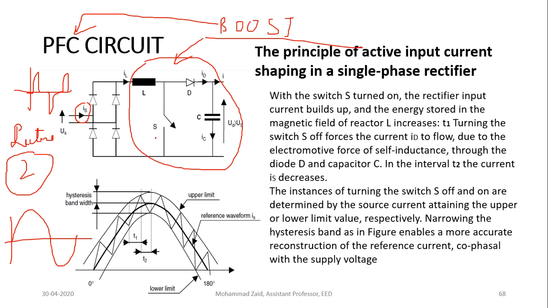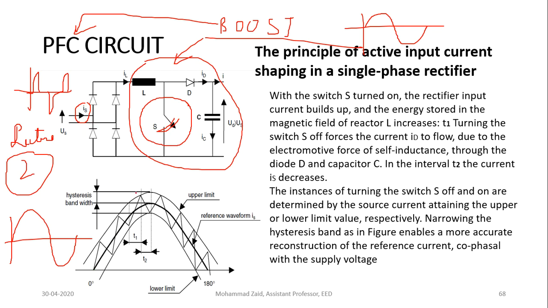We have to control the switching of this switch S in a manner in which the source current IS follows a sinusoidal reference. That means the switch has to turn on and off so that the current IS is forced to follow a sinusoidal reference.